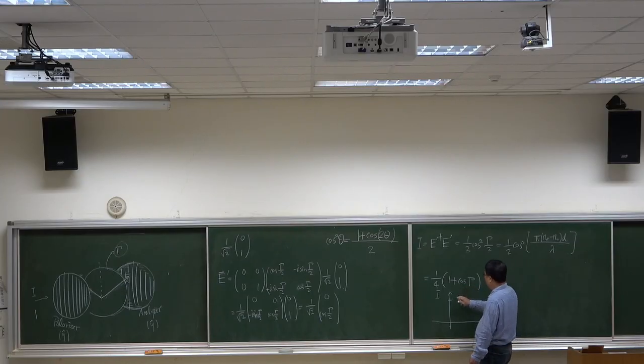Then when gamma is equal to half pi, we get half of this maximum value.